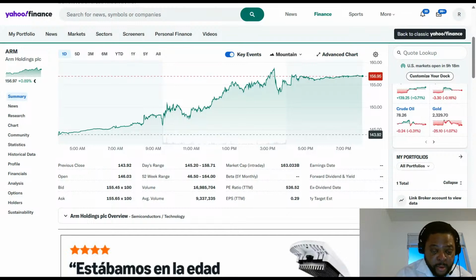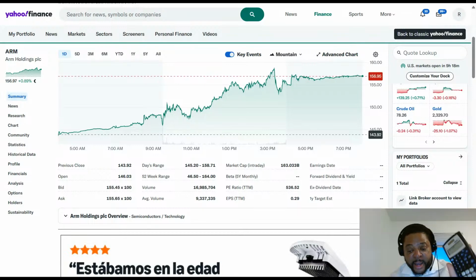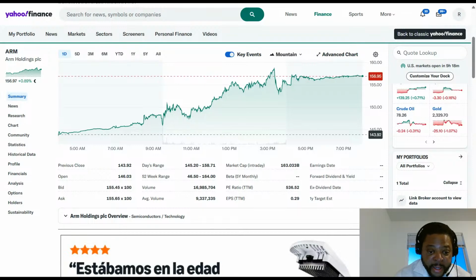So that $46.50. Keep my calculator minus. That's your initial investment, $46.50. We're keeping it simple. So you would minus that. So 46.50 minus $164.